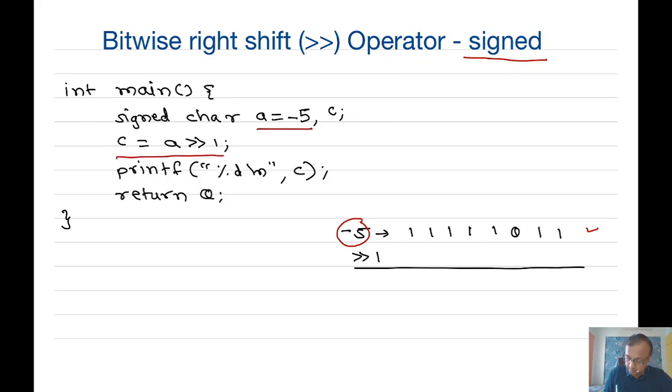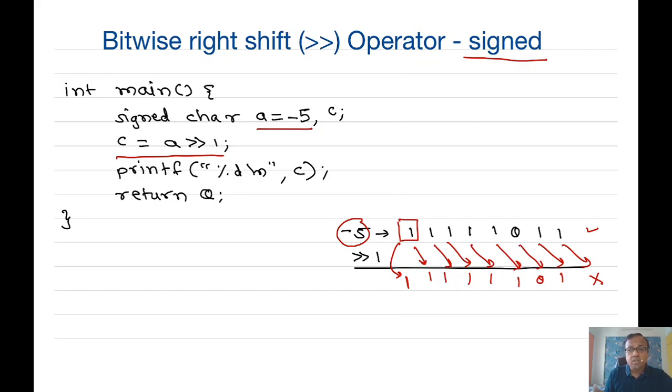Let us go ahead and see what exactly happens when we apply the shift operator, step by step. Each 1 is shifted, the 0 is shifted, and the 1 is shifted. What about the LSB? The LSB is discarded as usual, and the old MSB is copied at the MSB position.